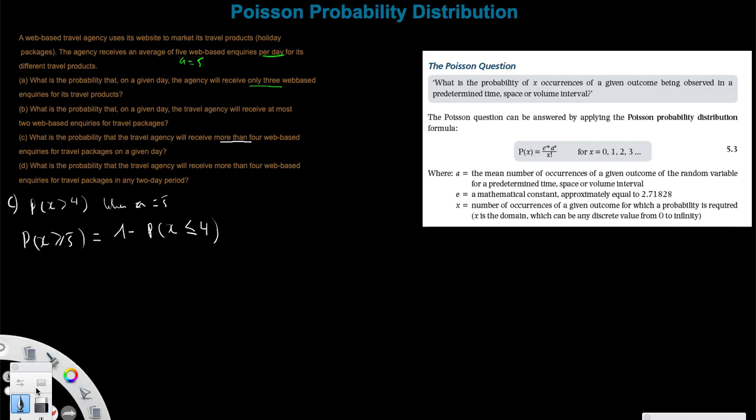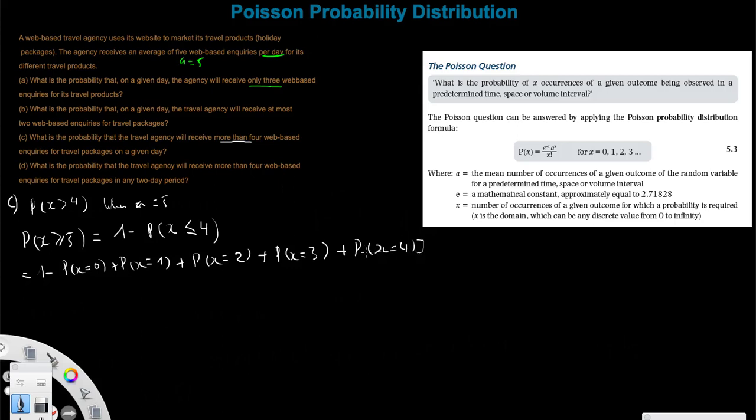Then formally we'll say this is equal to 1 minus P X equal to 0 plus P X equal to 1 plus P X equal to 2 plus P X equal to 3 plus P X equal to 4.